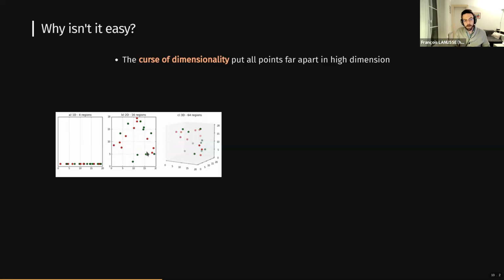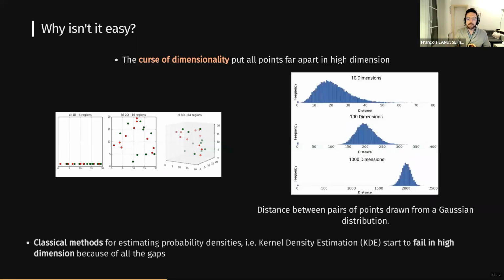When I go to 2D, I can see here now that with the same number of points, I already have a hole in my 2D space. And in 3D, it becomes an even bigger hole. And it gets worse and worse as you go towards high dimensions, to the point where the space is essentially empty and you have no points anywhere. And this is essentially the curse of dimensionality, and the reason why the classical methods for doing density estimation fail in high number of dimensions.